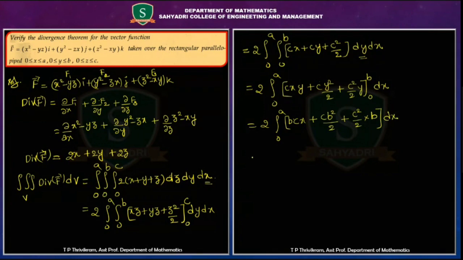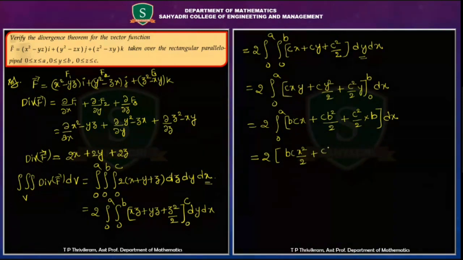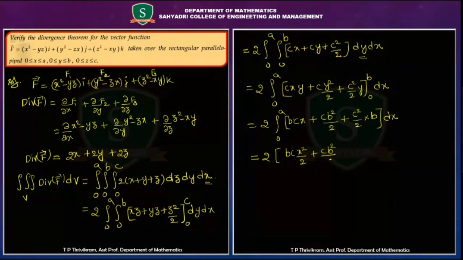Now at last we need to integrate with respect to x. So 2 into, how much you'll get if you integrate with respect to x? bc x square by 2 plus cb square by 2 into x plus c square b by 2 into x. Limits are from 0 to a.